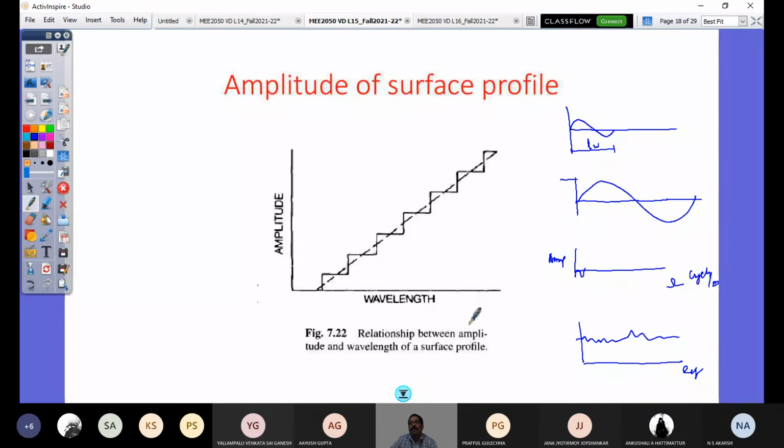They are inversely proportional, correct? So wavelength, then what will happen? I take a wavelength, instead of an absolute variation I take it in a band. So what you observe is, as the wavelength becomes higher, your amplitude is going to be high. That's the nature of your road. If wavelength is smaller like this, the amplitude is going to be smaller.